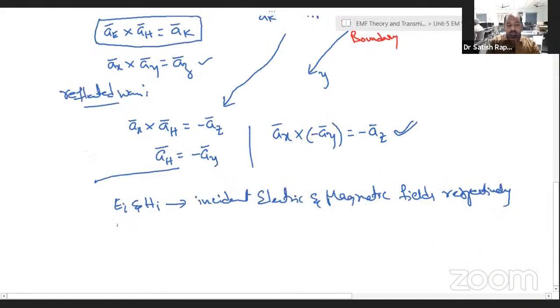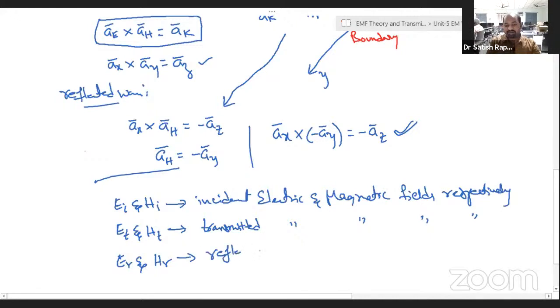Similarly, Et and Ht are the transmitted electric and magnetic fields respectively. Er and Hr are the reflected electric and magnetic fields respectively, right?